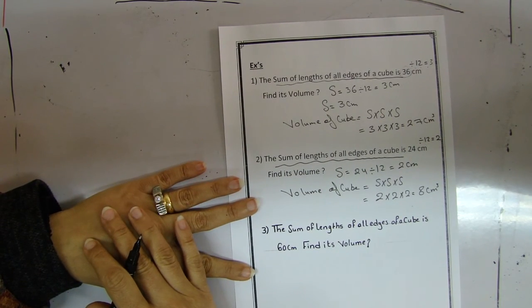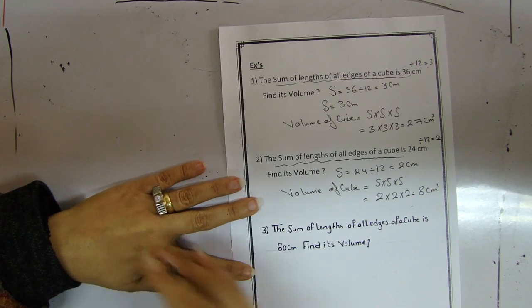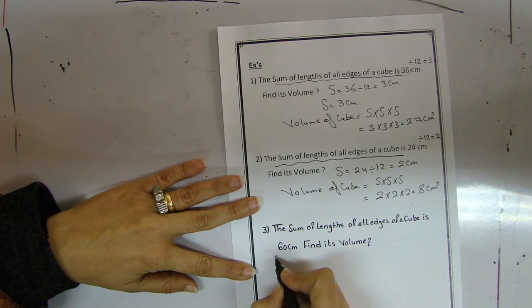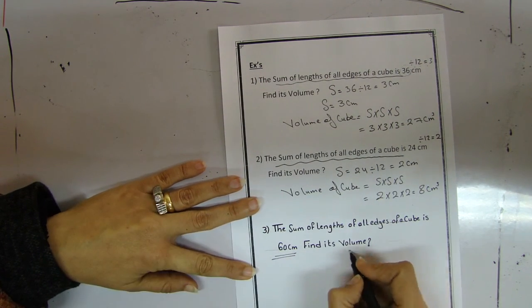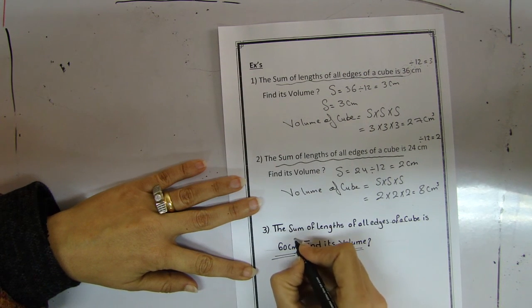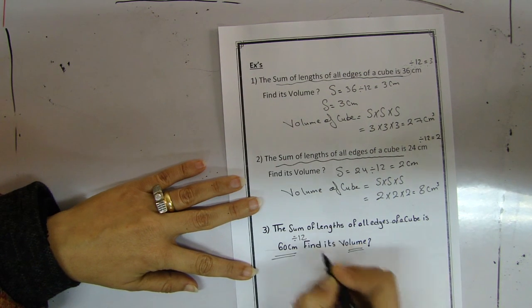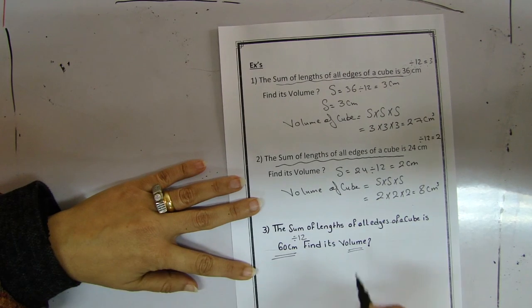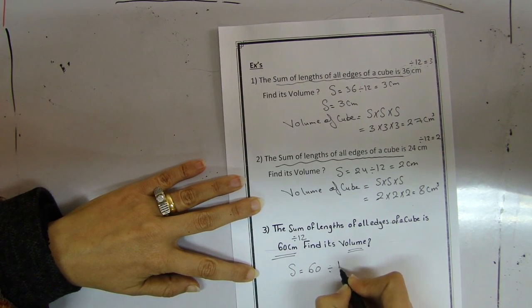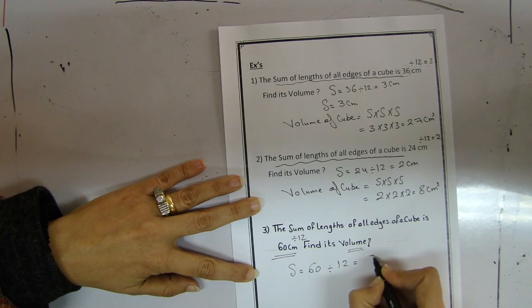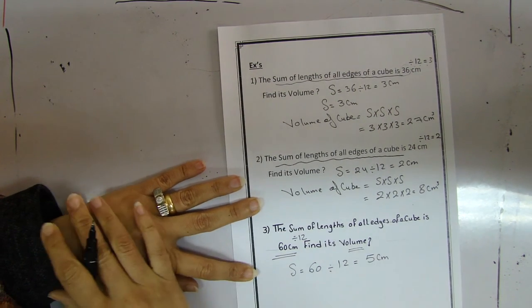Number 3, the sum of lengths of all edges of a cube is 60 centimeters. Find the volume. 60 divided by what? Excellent, thank you. Divided by 12. To get the side, we divide 60 by 12 equals what? 5 centimeters.